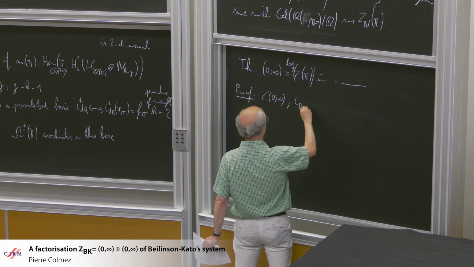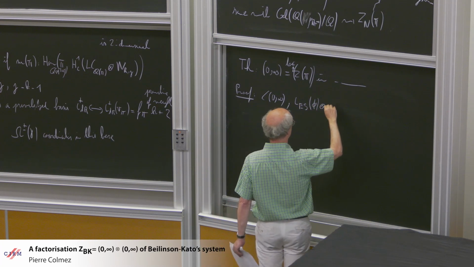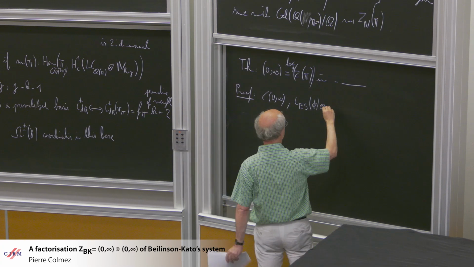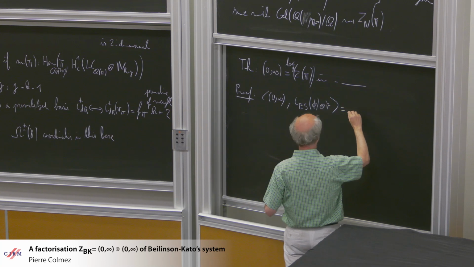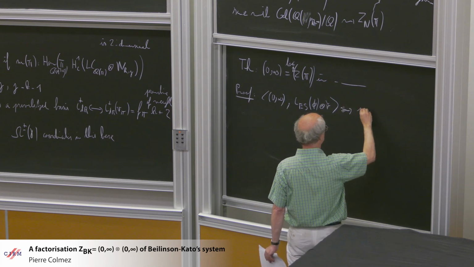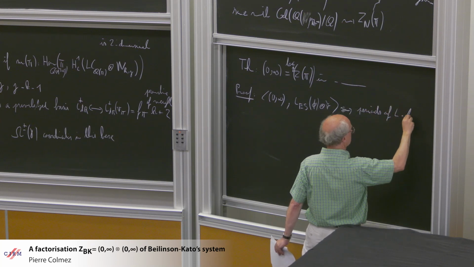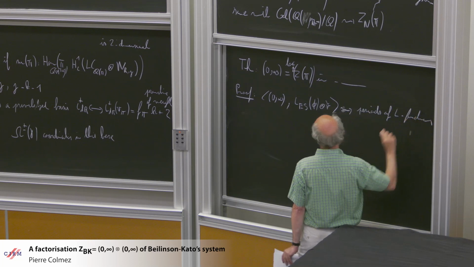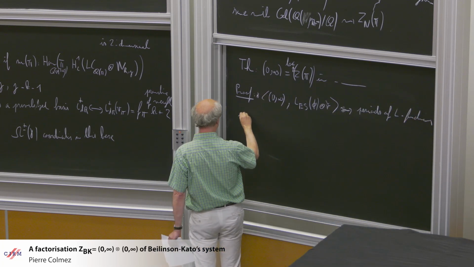You take the Eichler-Shimura map and you tensorize with an element in the dual of W_k, something like this. And you get a formula that spits out periods of L-functions. So that's quite standard computation.